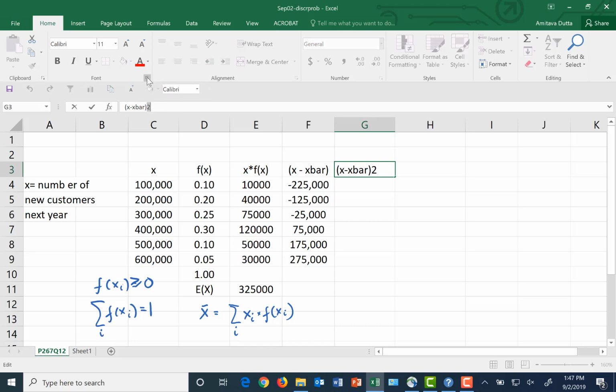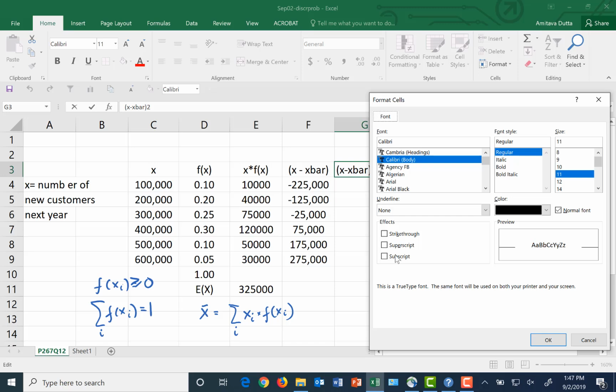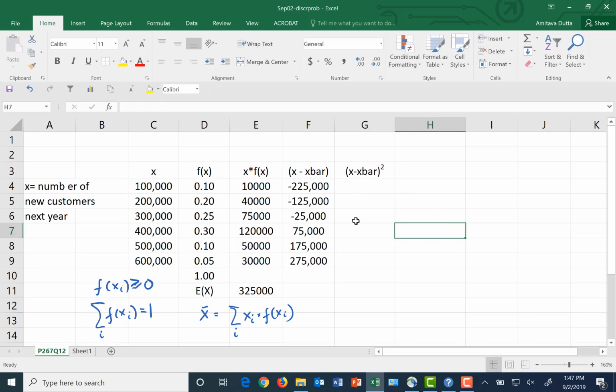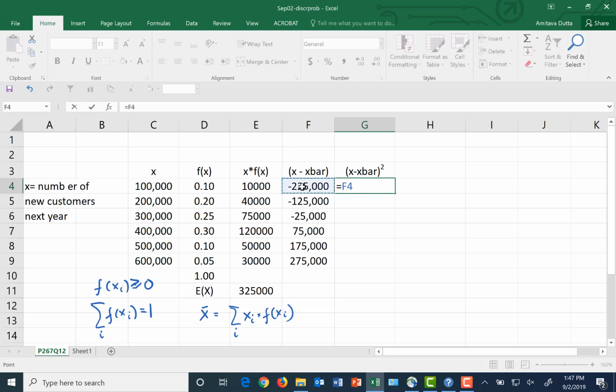So let me make this a superscript. X minus X bar squared is equal to this value multiplied by itself. So it's a larger number.